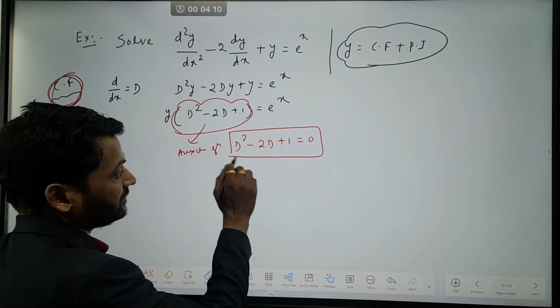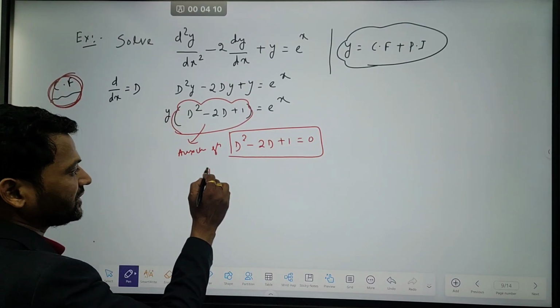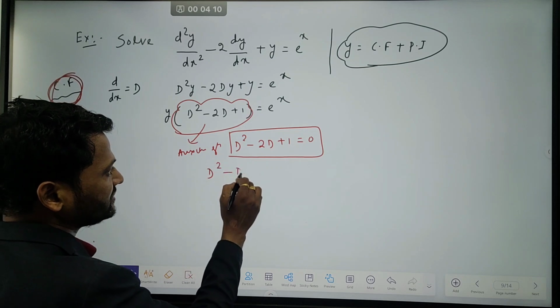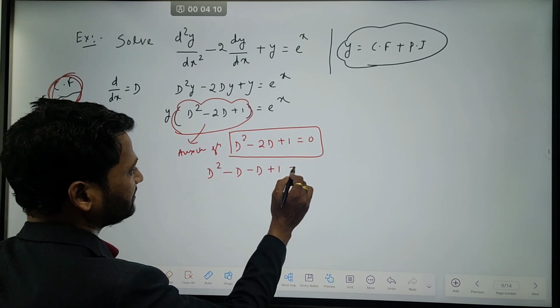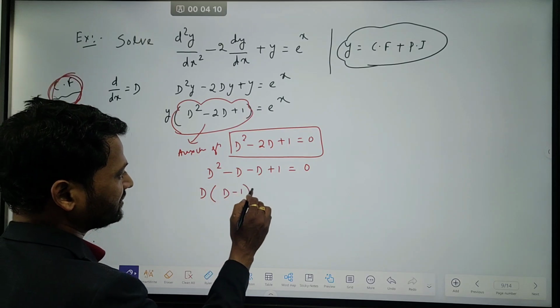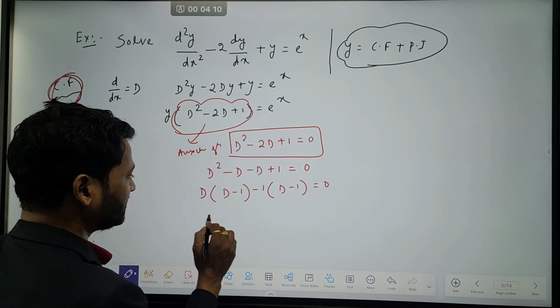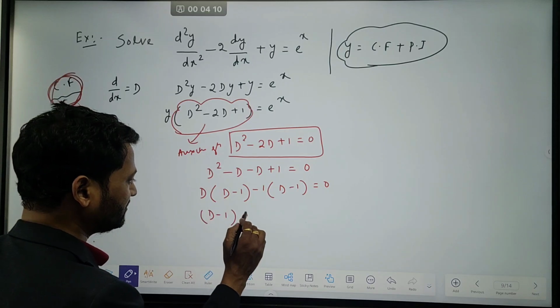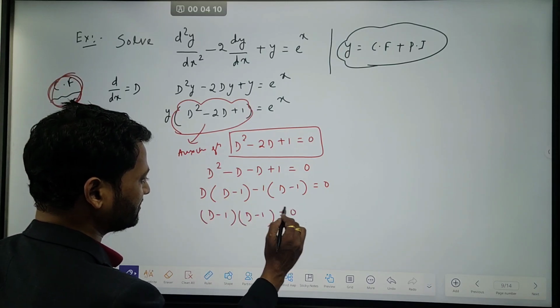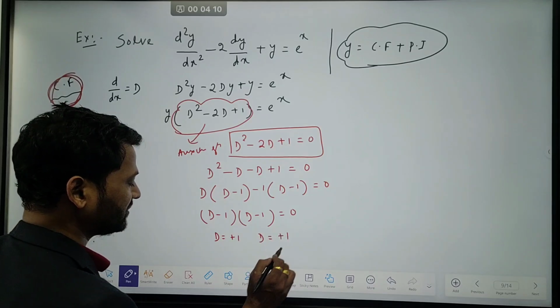So by solving this you can get the roots. What to do? Look, write d square minus d minus d plus 1 equal to 0. So take d common, d minus 1, and take minus 1 common, d minus 1. So that means d minus 1 into d minus 1 equal to 0. So d is coming plus 1, here also d is coming plus 1.